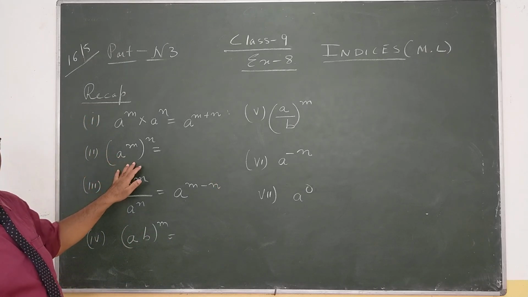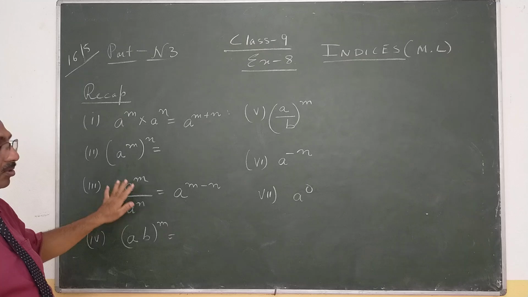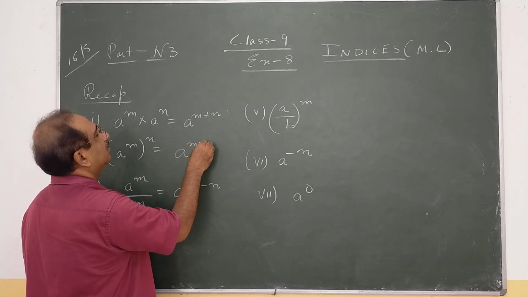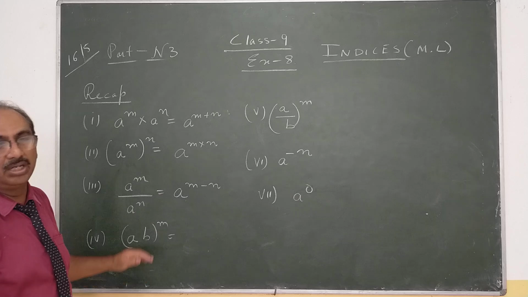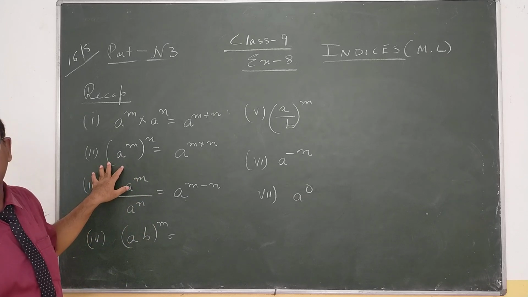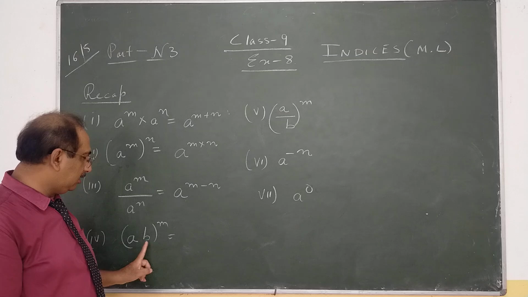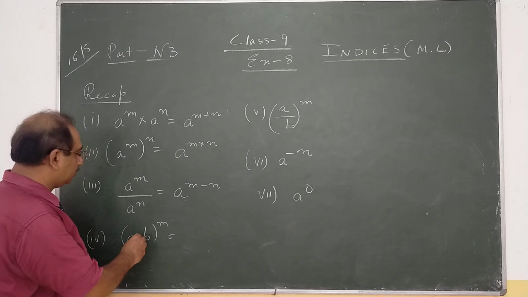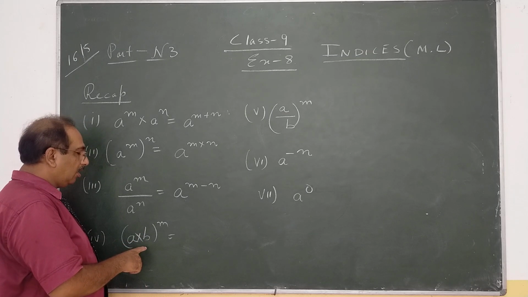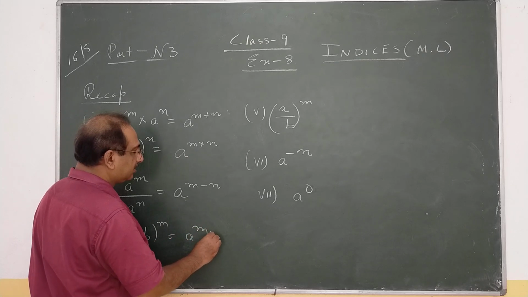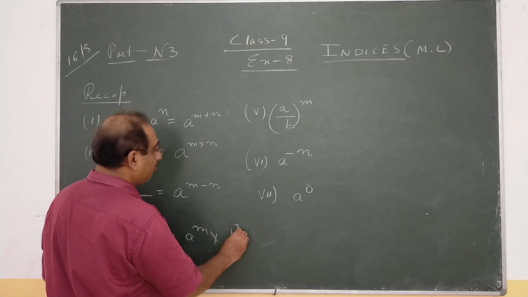Next is what we call power law. Product law, quotient law, power law. When there is a power's power, then the powers are multiplied. This is also a very important formula. Next, when we have two things with multiplication inside and a power outside, the power is distributed to both.